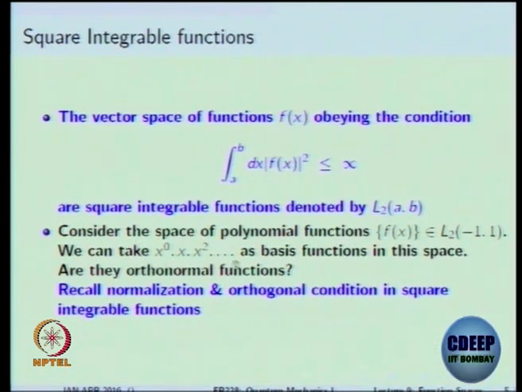We cannot do this on these bases because they are not orthogonal functions. Then what do we do? I want to get orthogonal or orthonormal functions. We need to do Gram-Schmidt orthogonalization in the function space. Clear? So now you can start doing it yourself.